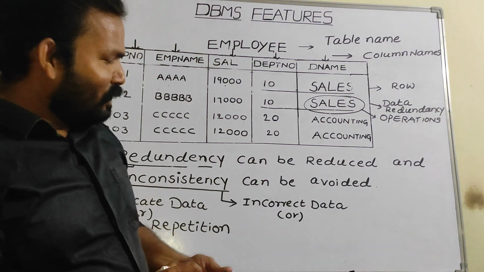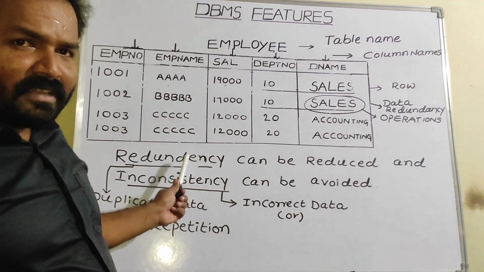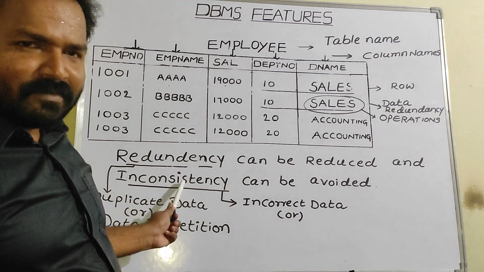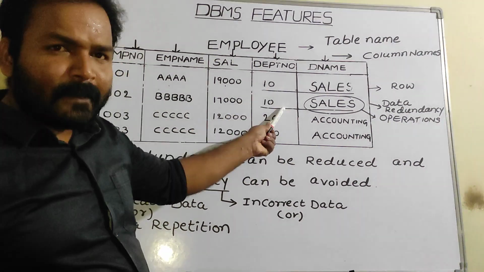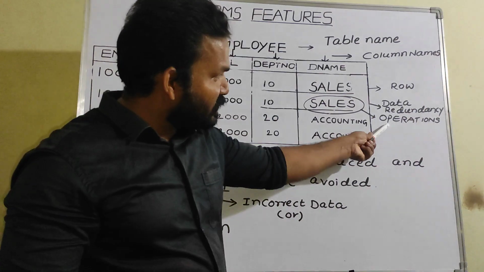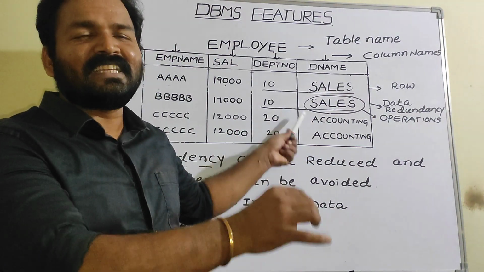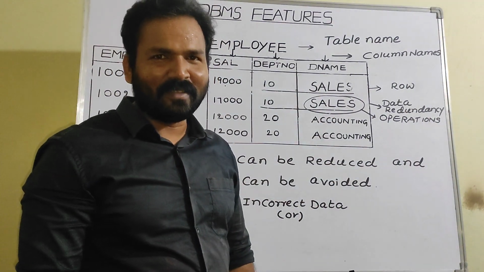So that is about data redundancy and data inconsistency. If a table contains redundancy, then inconsistency may exist in tables.